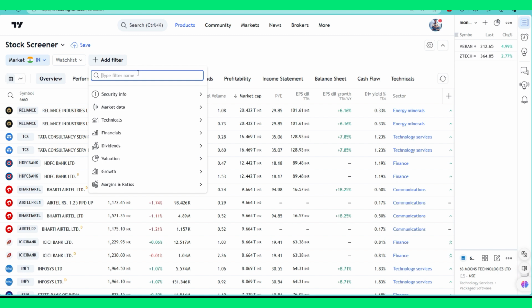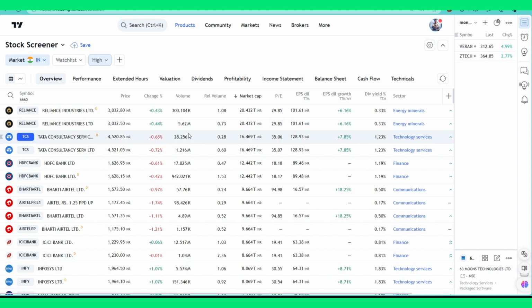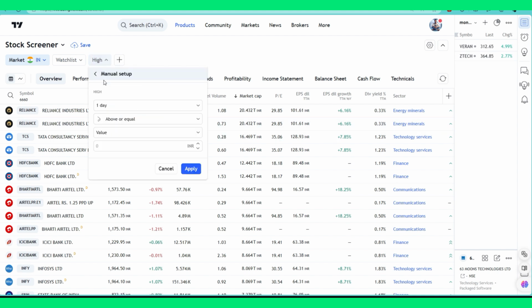So add filter. So what we need is high. First parameter, high of 1 day, a daily high. And click on manual setup, and 1 day daily high is above or equal to highest high 52 weeks.